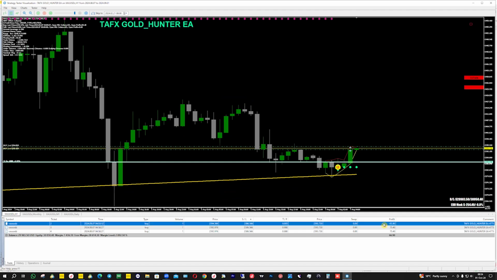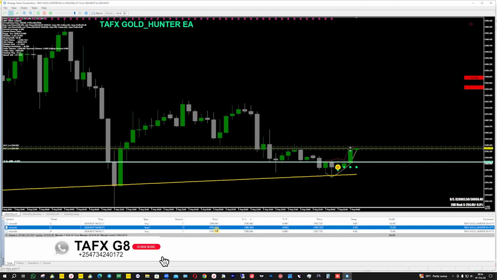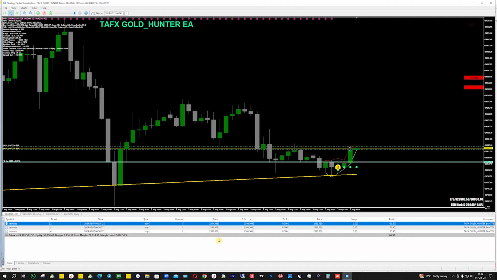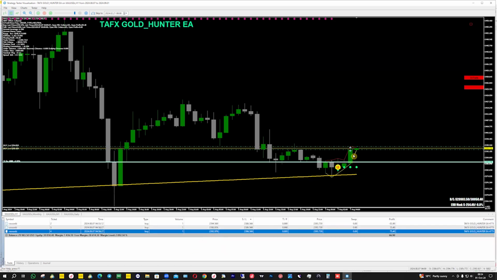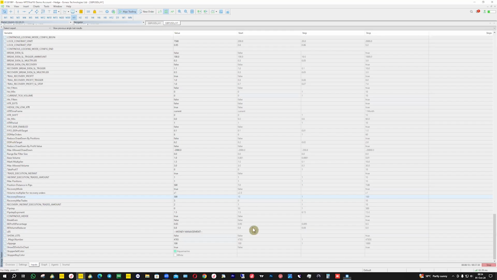The first one is 1, but there are another 2 positions here. You can see the price where it was placed. It is different from this one, which ends with 69. This one ends with 79. And these are 2 positions because we have set 2 positions here.